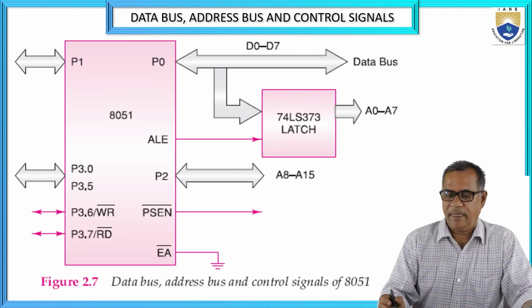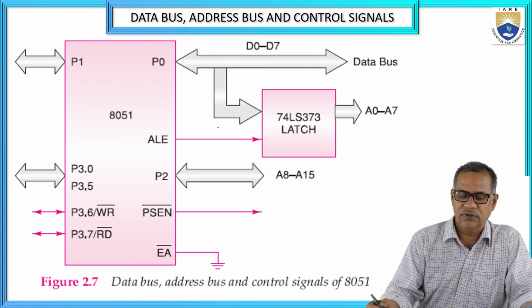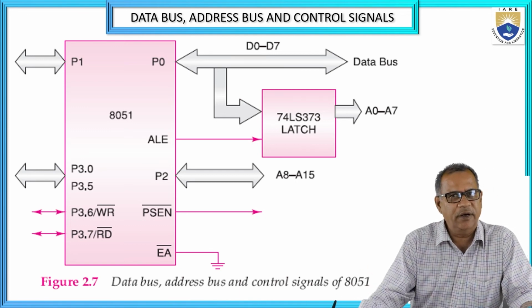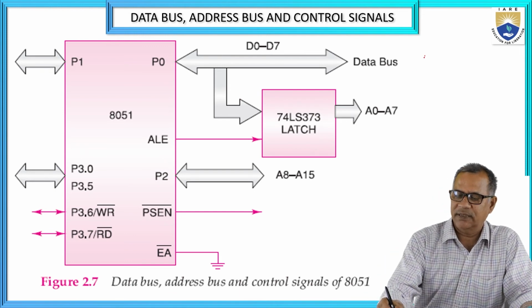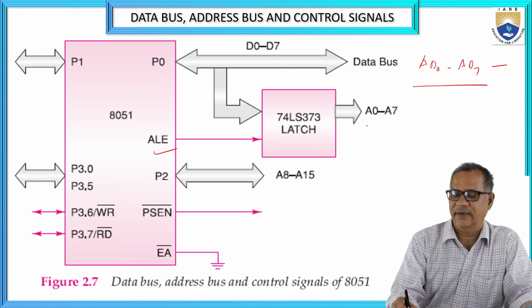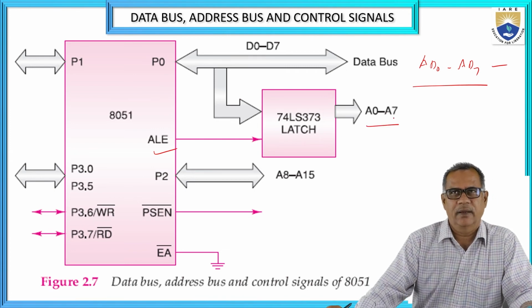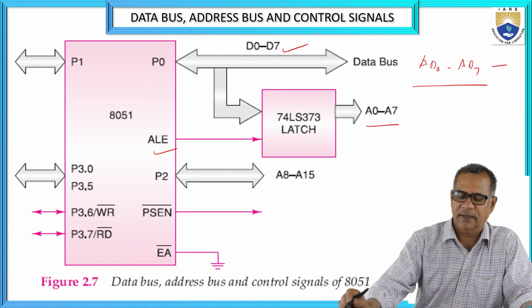So, here you see, when external memory is used, as I have mentioned, P0 is used to provide the lower byte of the address, and the lower byte of the address is A0 to A7. And when the address is available on these lines, the ALE pin goes high, so that is used to latch the address when the address is available. And the remaining time, those pins are used for the data.